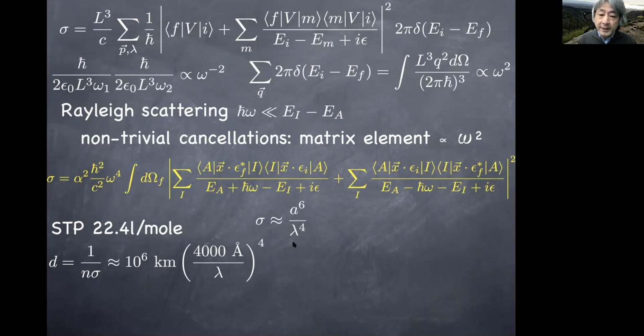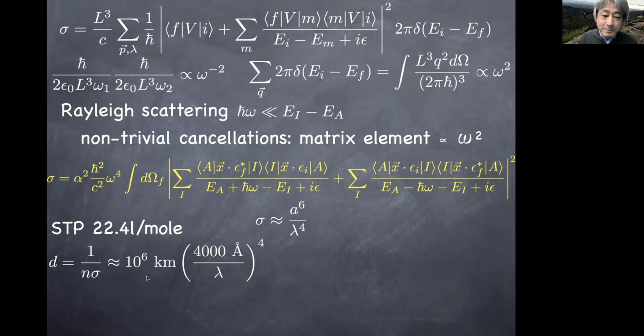Then you can just plug in the numbers and find that the typical mean free path of the photon is like 1,000,000 kilometers. And that's actually good. If this were, let's say, 1 kilometer, then you would never see the sun, because all the light coming from the sun gets scattered away before that reaches your eyes.